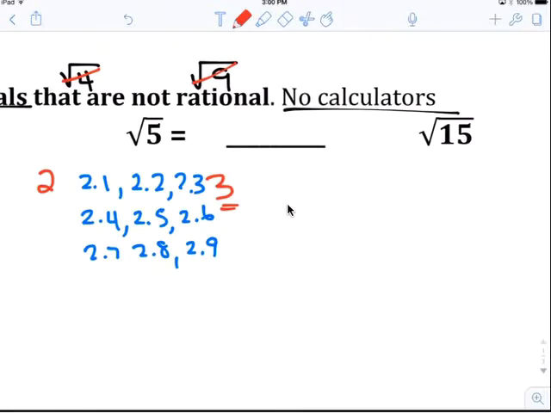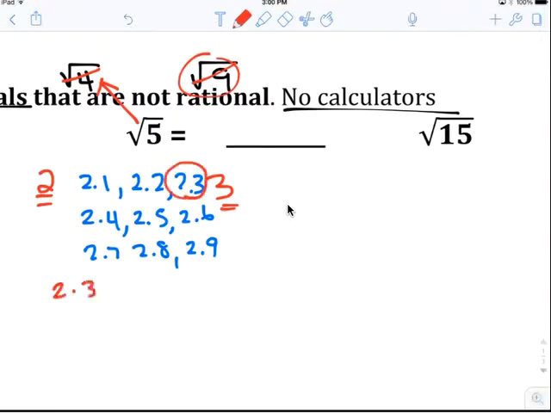So we can guess which one it could be. Well, radical 5 is close to radical 4, so your answer is going to be very close to 2 instead of 3. So I say in the low 2s, not the high 2s. The high 2s are close to 3. So I'm going to try 2.3 and see what happens.